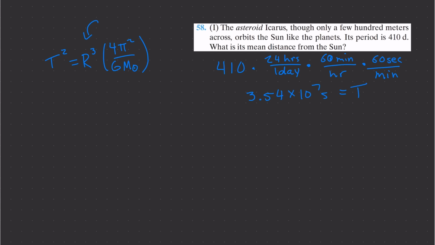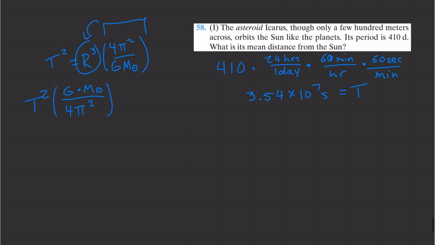All right. So now, given that, let me go ahead and solve for R over here before I start plugging in any values for pi or G or M or T or anything like that. I'm going to multiply both sides by the reciprocal of this quantity so I can get R cubed isolated. So that's going to be T squared times big G times the mass of the sun over 4 pi squared.